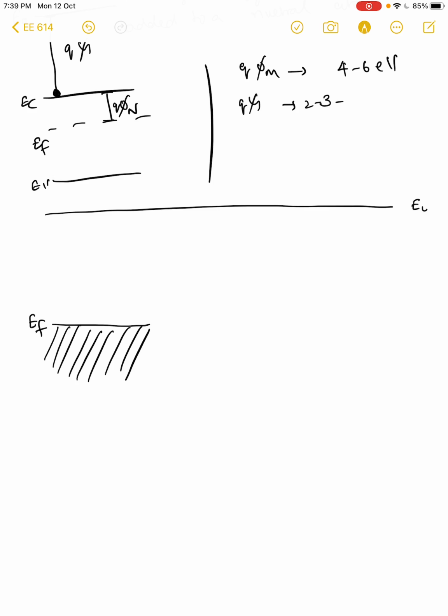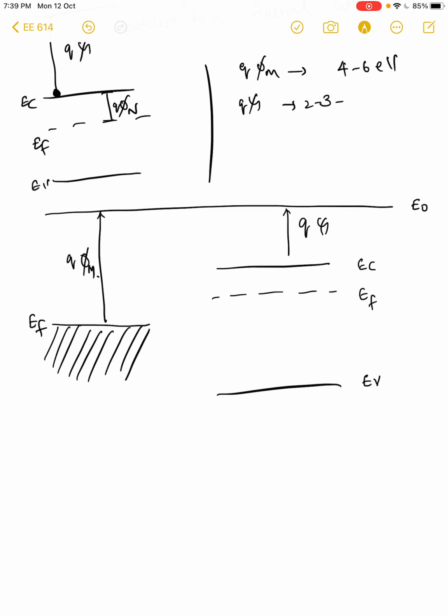So this is E0 and this is Q psi m, and you have EC, EV, EF, and this is Q chi, electron affinity, as we saw, and this is Q psi n.